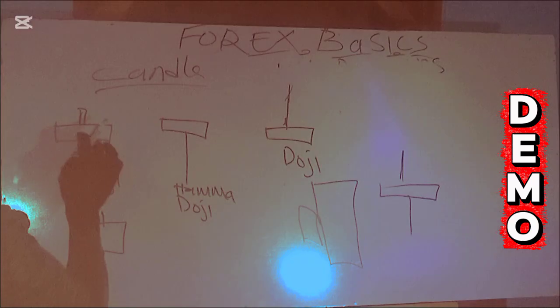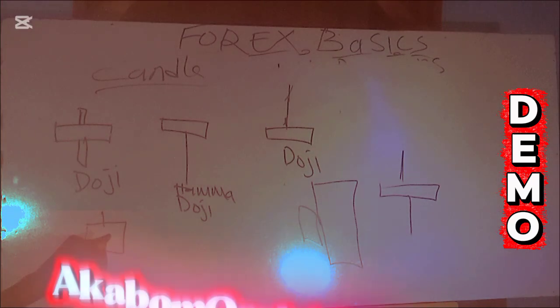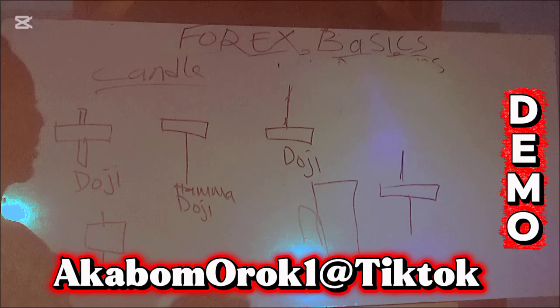You understand? If you see something like this and something like this, one of these is to tell you it's a break. It's a sharp break. You understand? So all these things are to tell you the movement of candles.